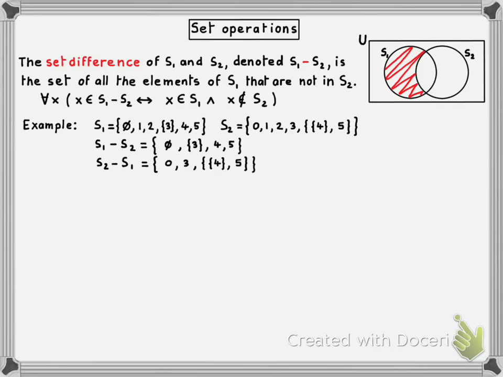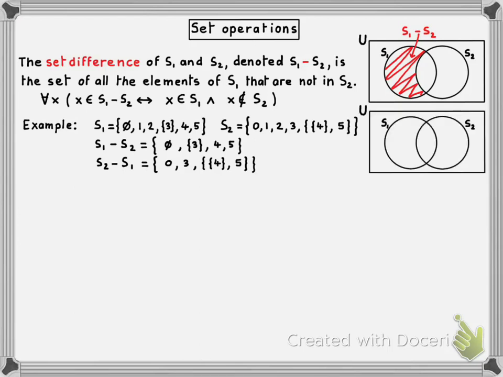So the first thing to notice here is that the set difference of S1 minus S2 is different from the set difference of S2 minus S1. And in particular, we can show that clearly in the Venn diagram. Remember, the Venn diagram we drew up here was for S1 minus S2. So let's annotate that. Now let's draw another Venn diagram for the other set difference, S2 minus S1.